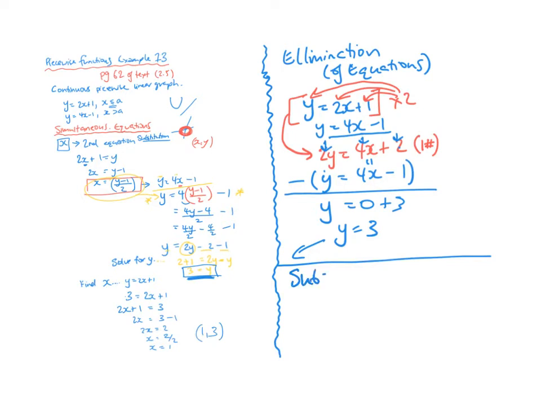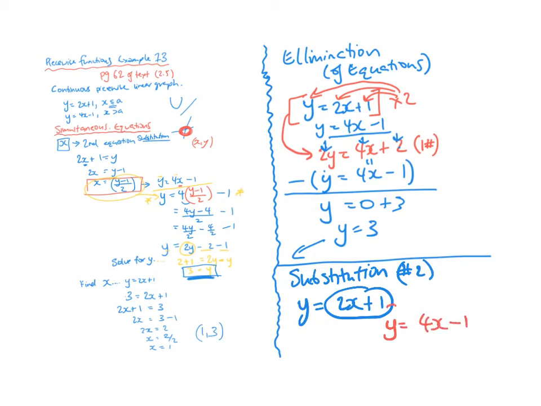So substitution 2, because they're substituting y for this term 2x plus 1. So they're taking all this and putting it into the second equation, y equals 4x take 1. So we're just going to plop that all in there.